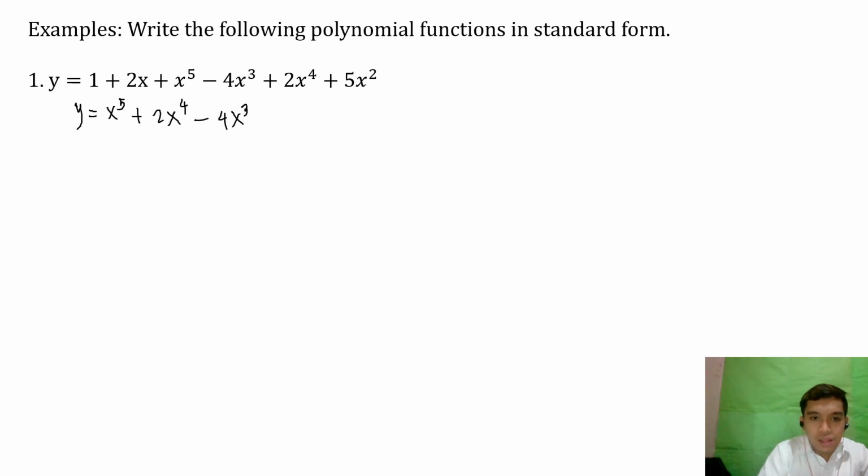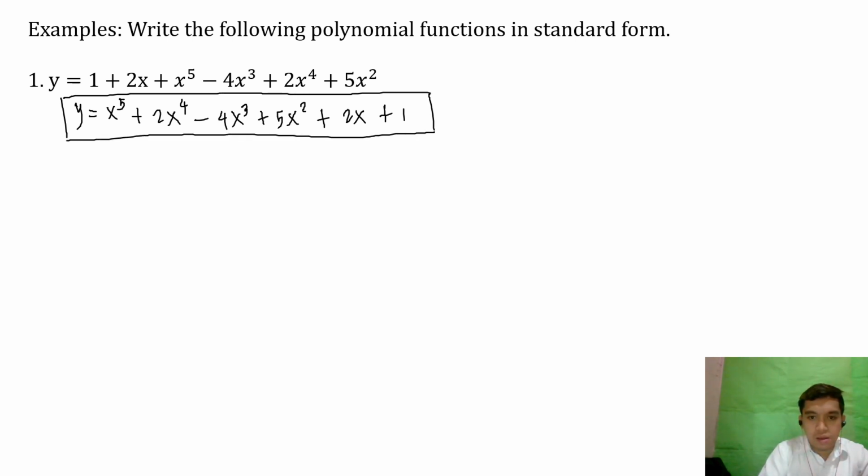Then next is plus 5x squared. Then next is plus 2x. And the last one is the constant term, which is 1. So this is our standard form. So ito yung ating standard form sa number 1.